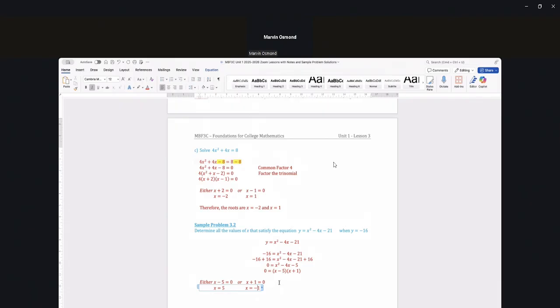So what they're saying here is, if I were to graph this and look at where y is negative 16, okay, so let's do that right now. X squared minus 4x minus 21.